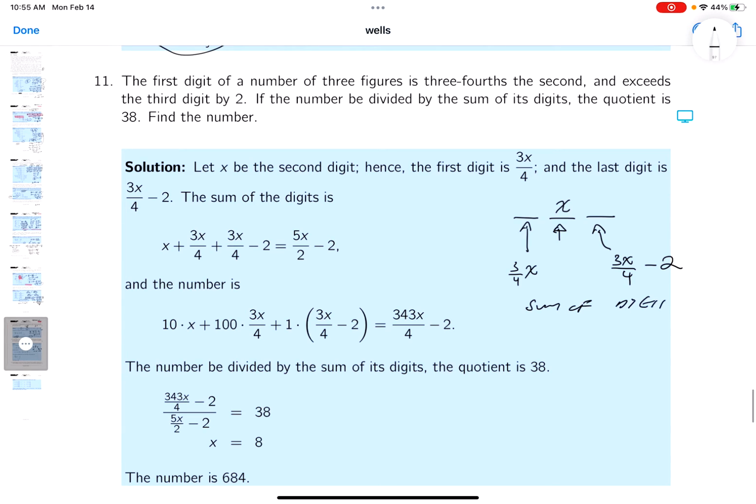We're going to look at the key in a moment. Well, 3/4, I'm summing these three digits together, this, and this. Well, you get 3x over 2, I'll go slow, plus x minus 2. So that's going to be 5x over 2 minus 2.